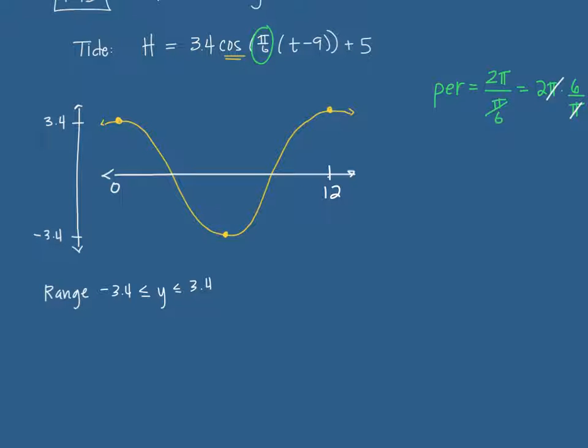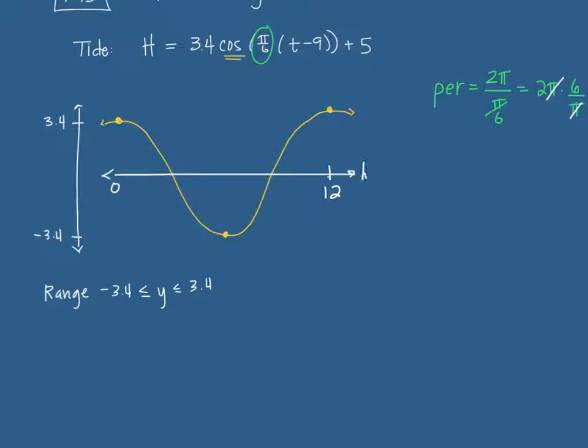For the cycle of the tide to be 0 to 12 means 12 hours. Okay? Every 12 hours, the cycle of this tide is changing. And that's about normal. We know high, low, every 12 hours or so, the tide is going in and coming back out again.